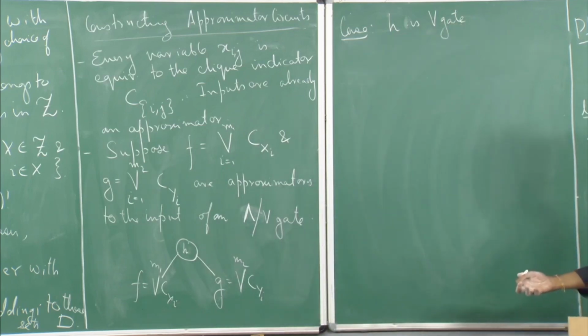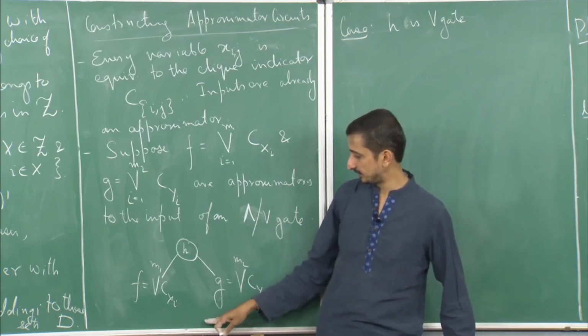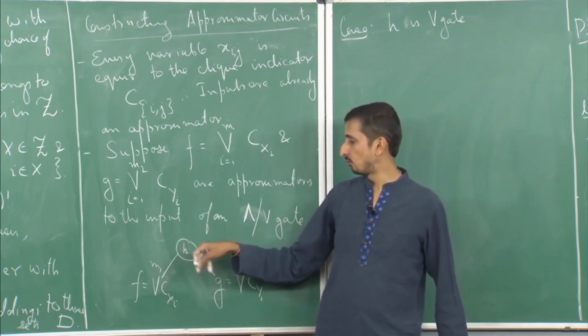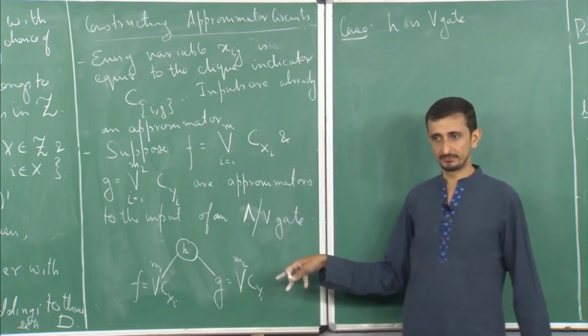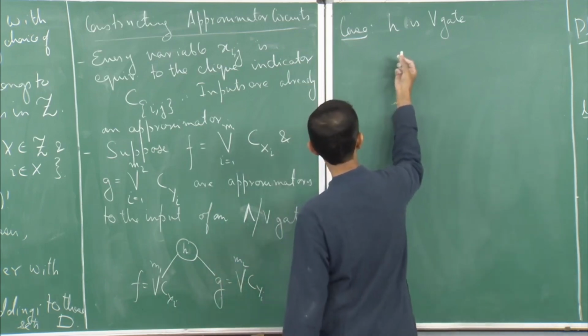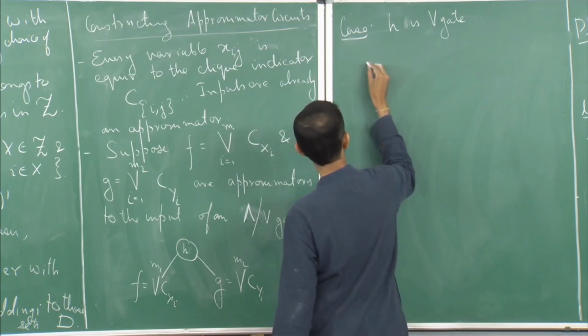So what do we mean by an OR gate over here? Look at this diagram. An OR gate will evaluate to 1 if any one of these click indicators is 1. So what is the most natural way of defining the click indicator for H?